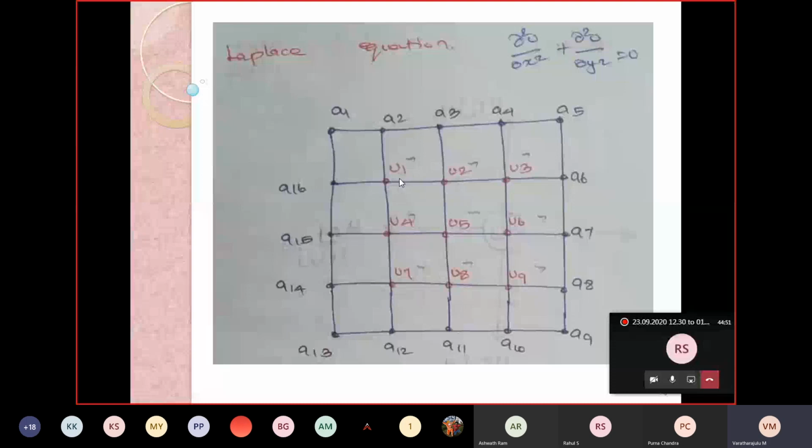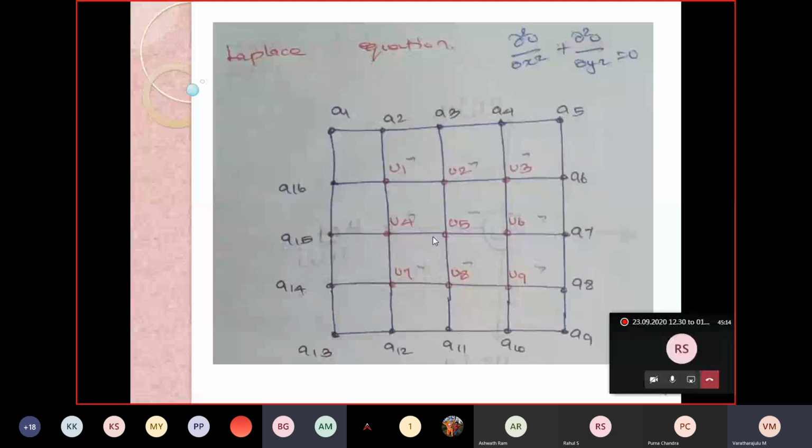We know A16, we know A2, we know U2, and we know U4. Please reply to me, Anand Modi, Arvind Roshan, Ashwath Ram, and Bhavya. No one, I think no one.